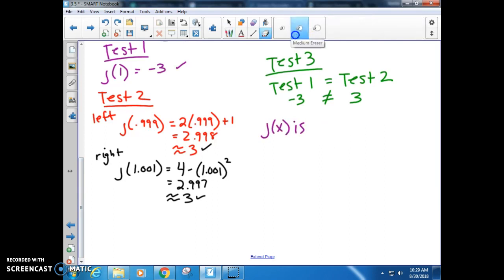Spell it right. Discontinuous at x equals 1.